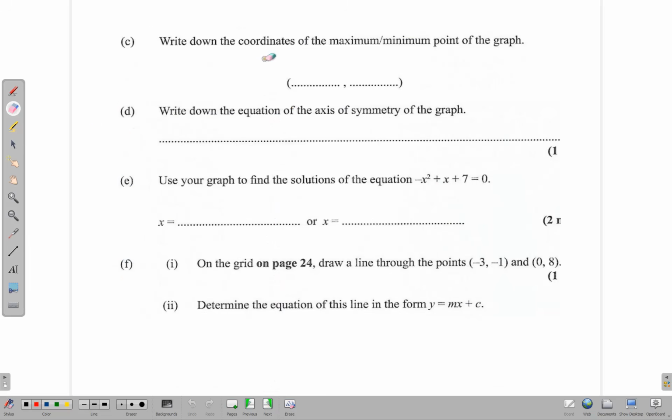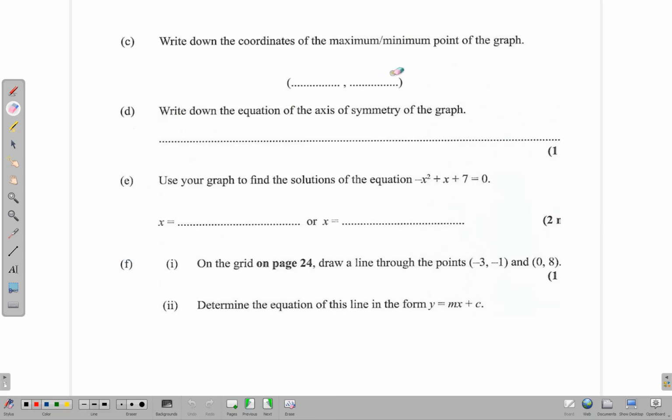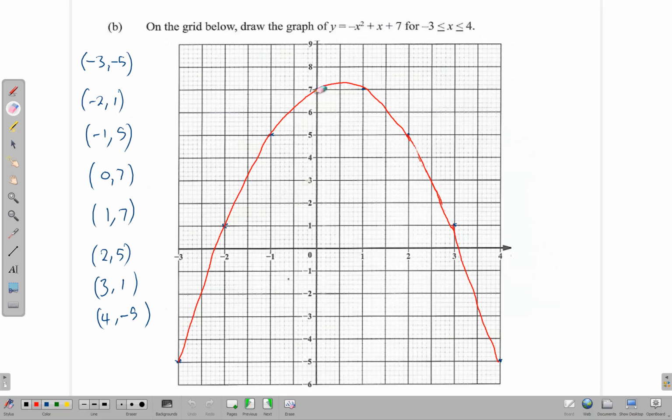First question is write down the coordinates of the maximum point on the graph. So the maximum point on the graph is the point at which the graph turns. The coordinate of the maximum point on the graph, write down the coordinates of it. Now you will notice here that the graph flats out here, but in reality it should go above.